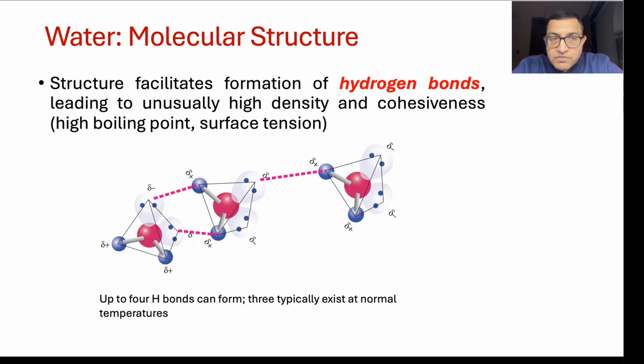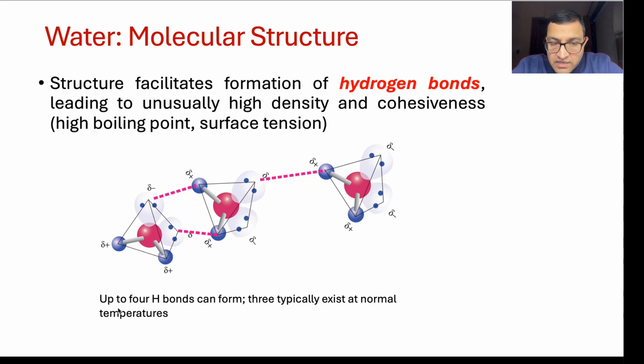So it forms hydrogen bonds, and that leads to unusually high density and cohesiveness for water. You can see this image depicting the formation of hydrogen bonds within the water molecules themselves. The hydrogen here is hydrogen bonded to the oxygen, and so forth.